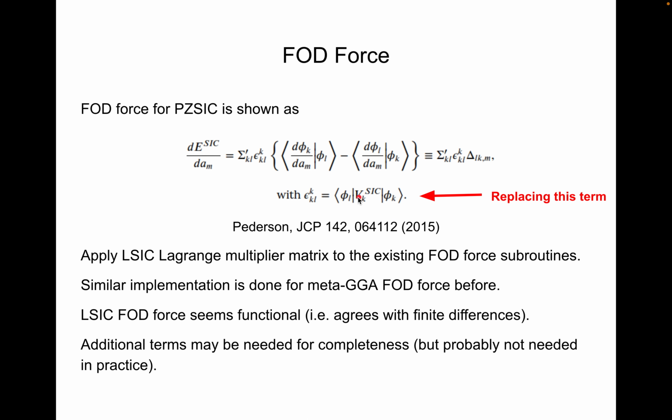When we implemented the MetaGGA PGSIC into the FLOSIC code, what we did back then to obtain the FOD force for the MetaGGA case was substitute this SIC matrix with the MetaGGA equivalent matrix element.